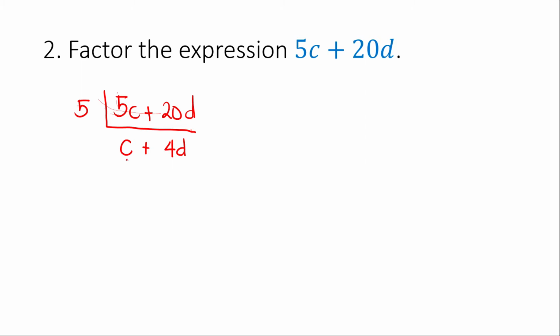Walang common, so, yun na siya. This is our GCF, and ito yung natira nating binomial. So, 5c plus 20d is equal to 5 times (c plus 4d). That is its factored form.